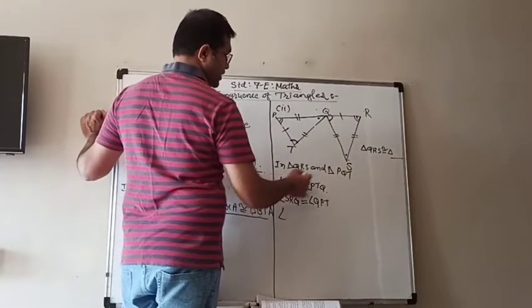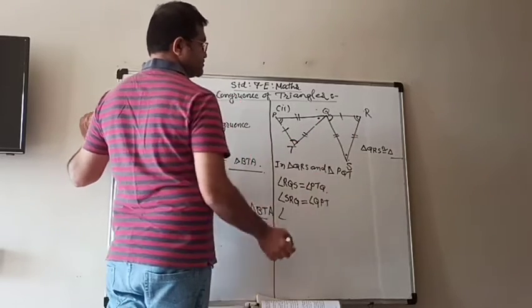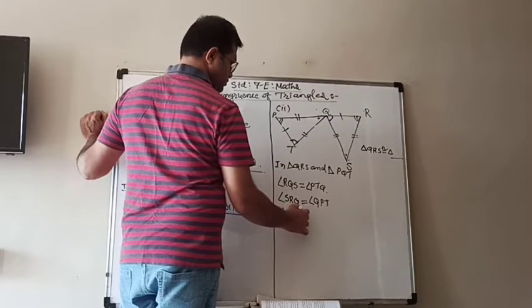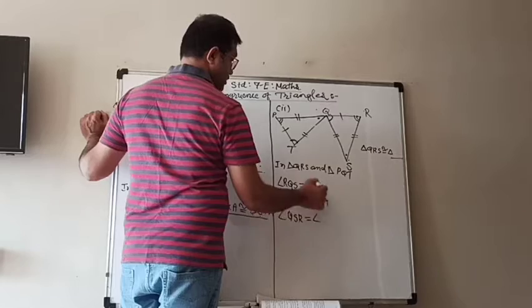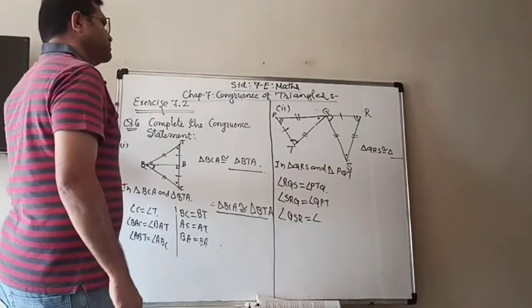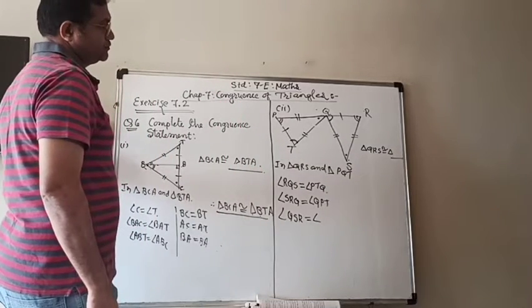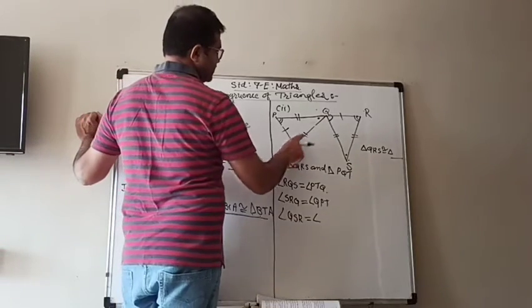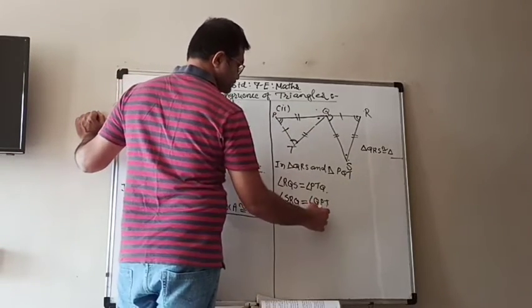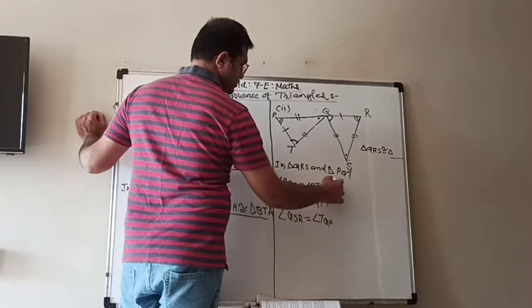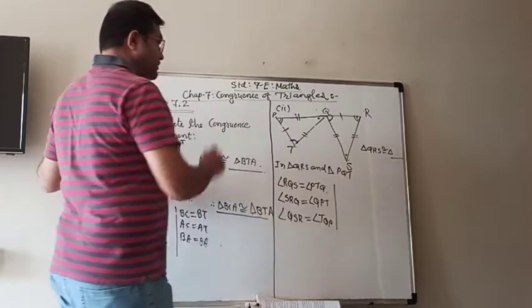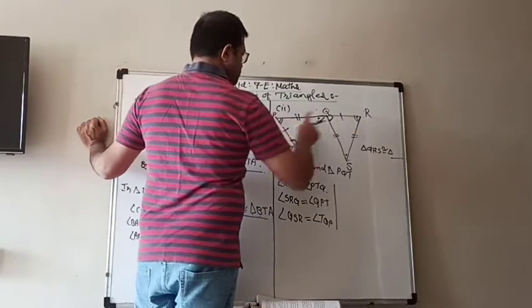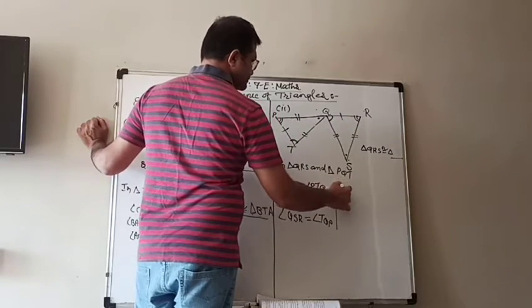Q is finished, R is finished, so S means QSR. QSR is with angle TQP. Now in sides, QR is equal to PT.